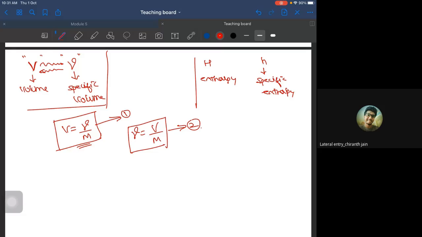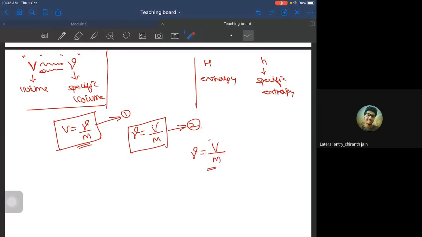So always remember, your specific properties will be the actual property divided by mass. If you divide an actual property with mass, then you will get a specific property.